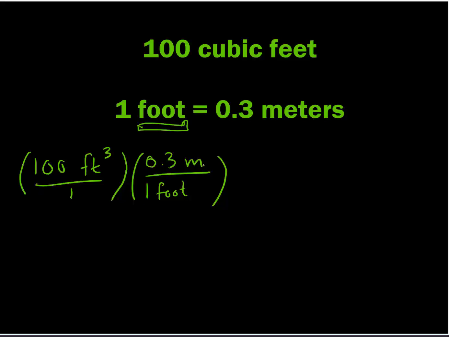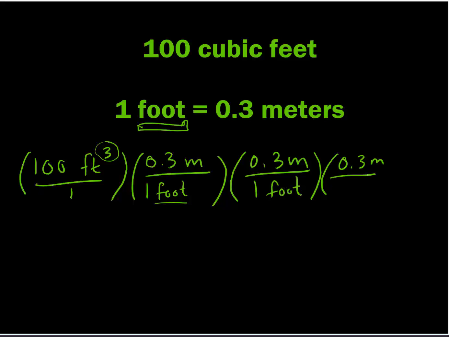Okay. Now this is only converting a single power of feet and not a cubic power. And so we need to do this 3 times. 0.3 meters equals 1 foot. We're going to do it one more time. 0.3 meters is equal to 1 foot.